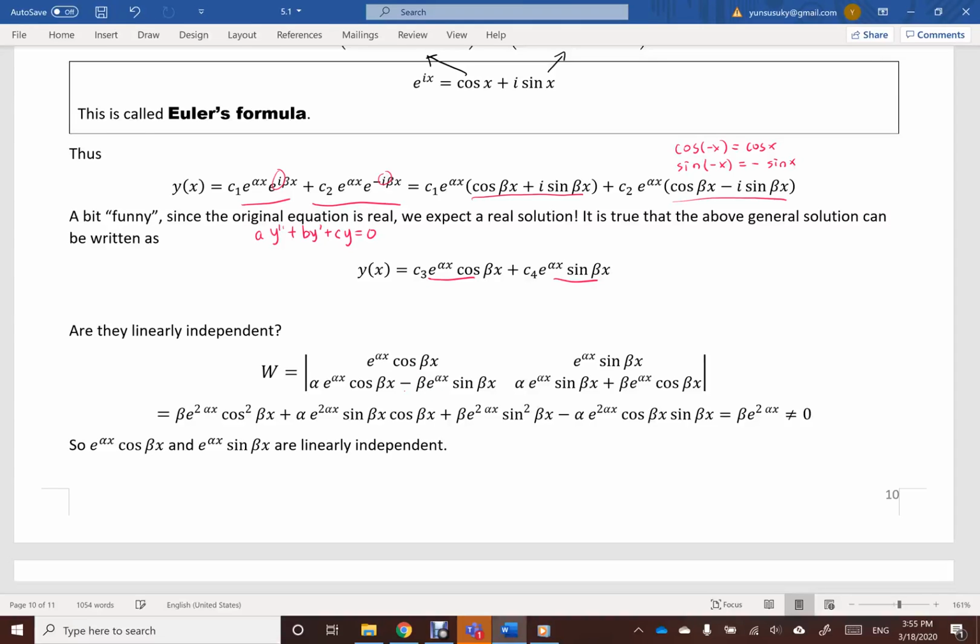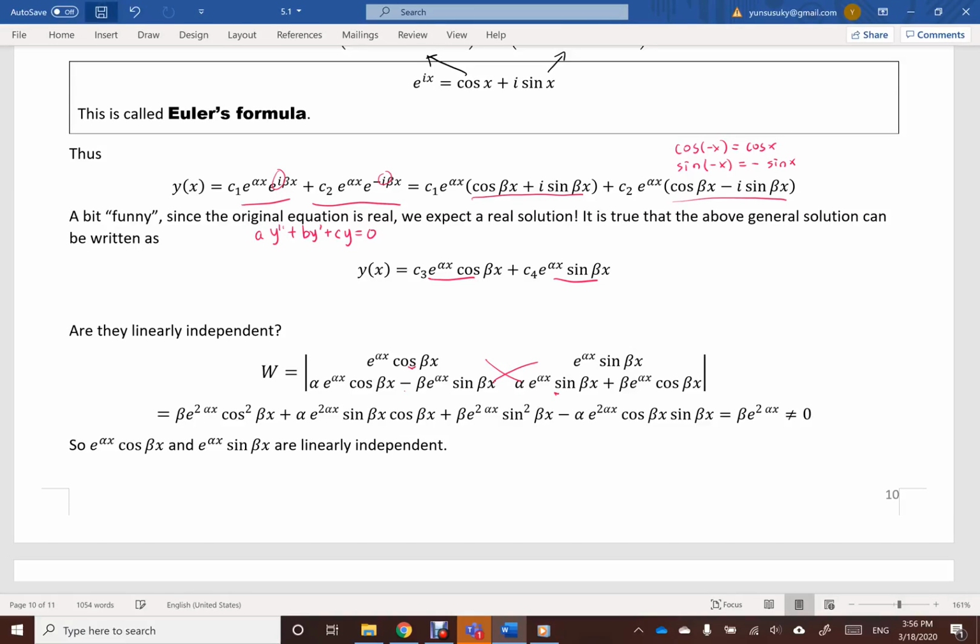And then here we have the product rule again. The first guy is alpha times e to the alpha x times second guy, plus the first guy times the derivative of the second guy. Derivative of sine is cosine, but you have an extra beta here. Okay, then we cross multiply.